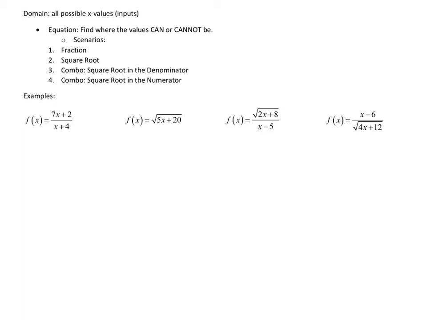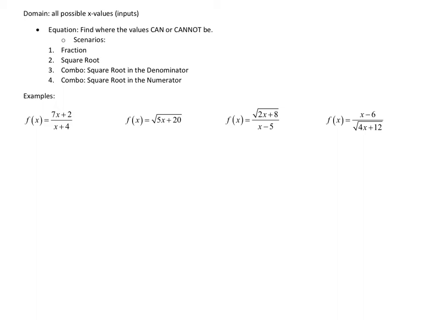Okay, so the first one we're going to look at is what happens when we have just a fraction. So if we think back to when we were solving those rational equations in chapter, I think 1.2, what we were looking at was being able to check in the end against that common denominator to see if there was a restriction.